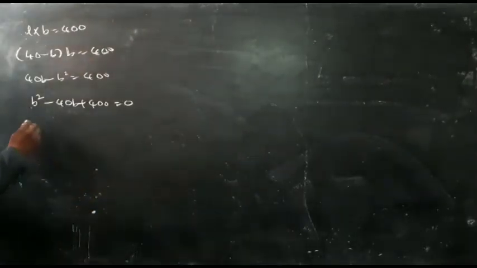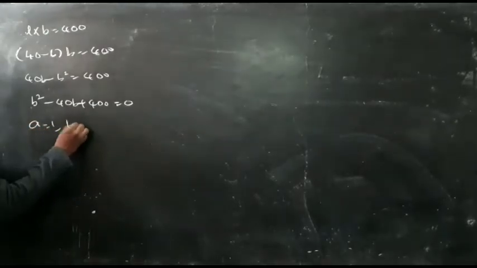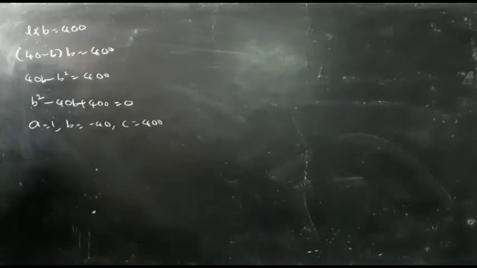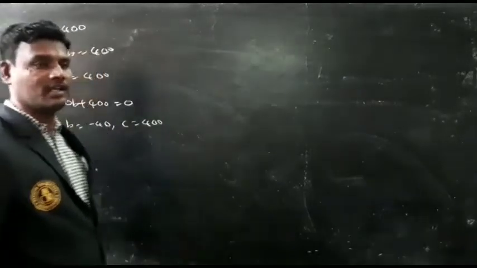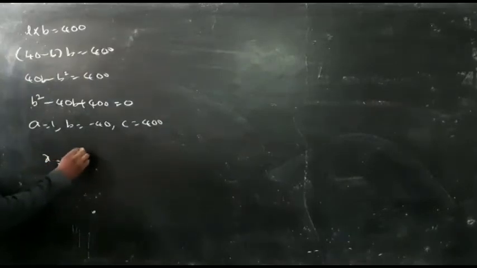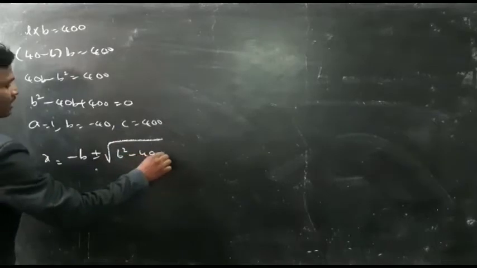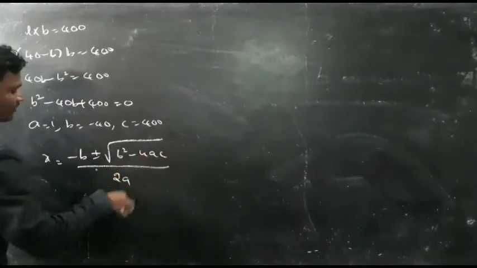See here, a is equal to 1, b is equal to minus 40, c is equal to 400. I am going to apply the quadratic formula to find the roots. x is equal to minus b plus or minus root of b square minus 4ac, by 2a.